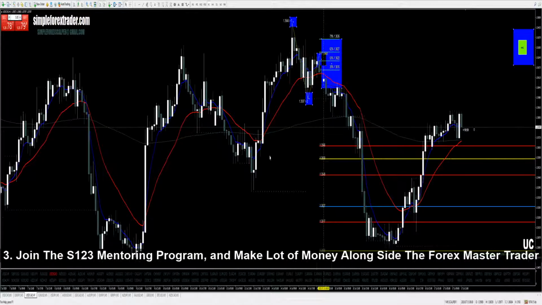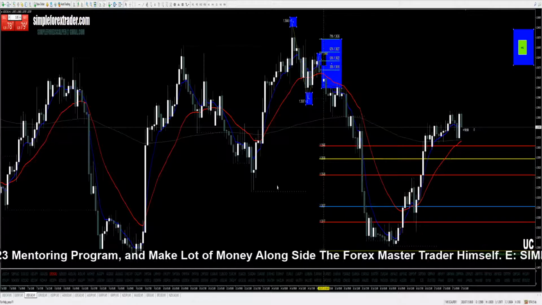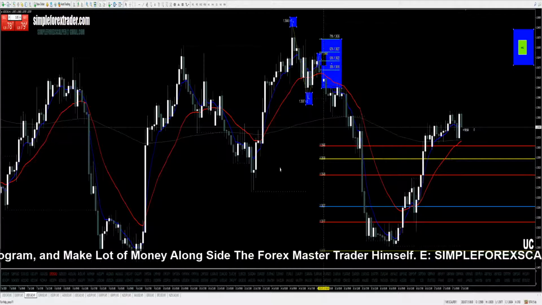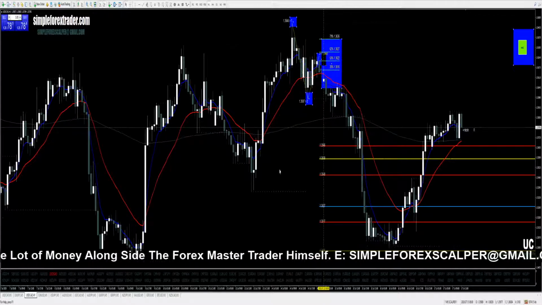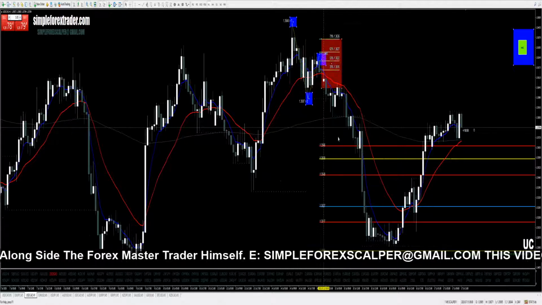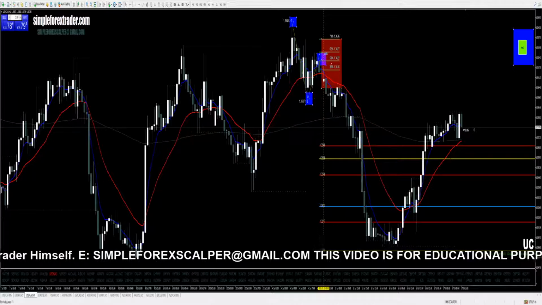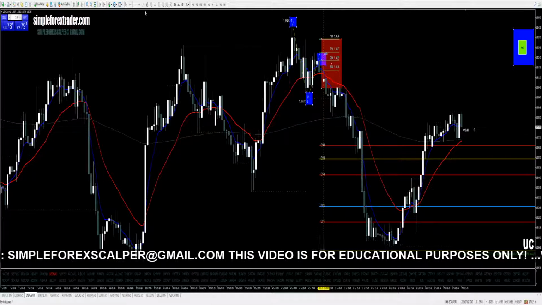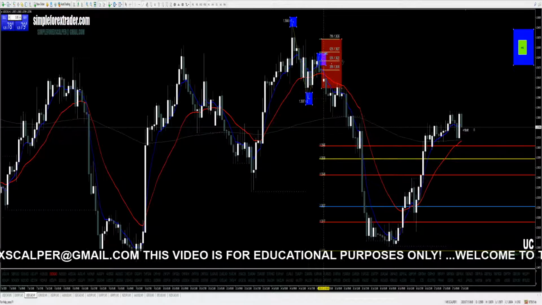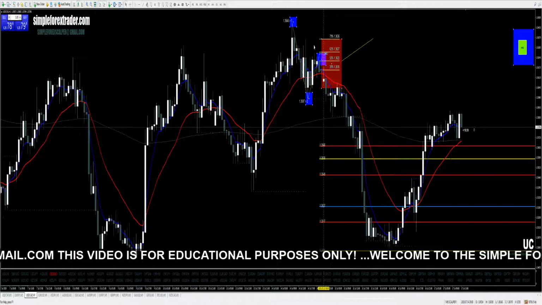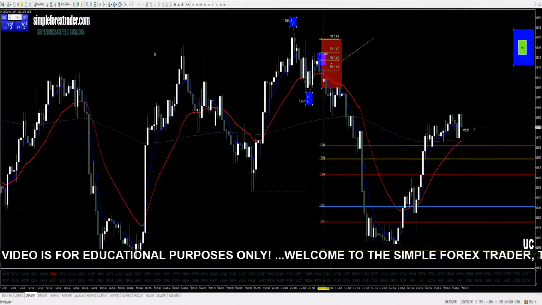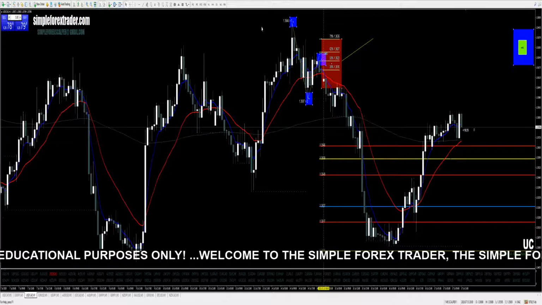Make that red. Red's too bright, just change it to maroon. So when you have the entry here, you can enter this trade anywhere in that red box.